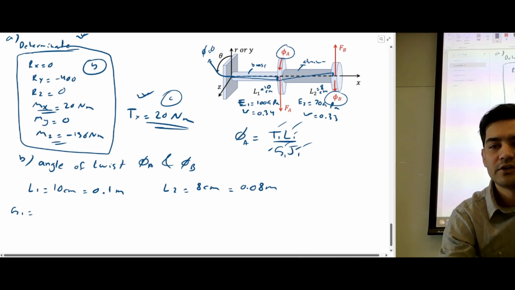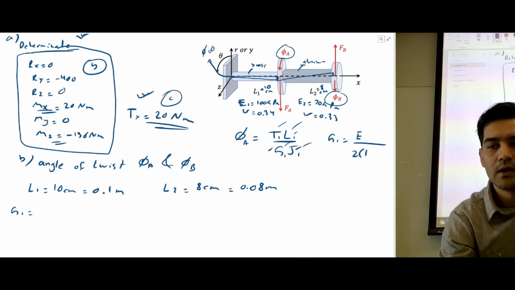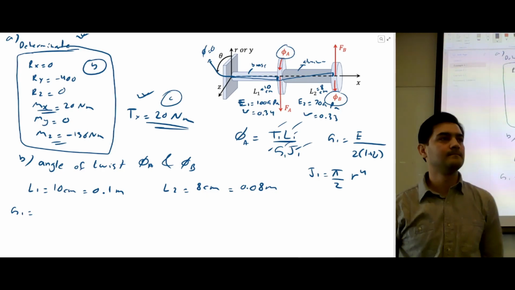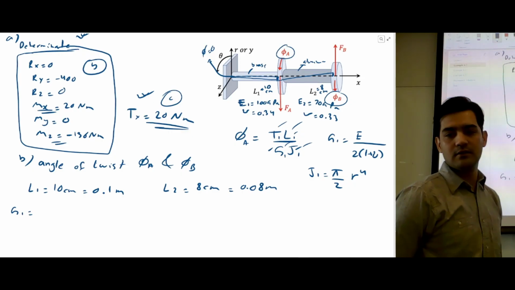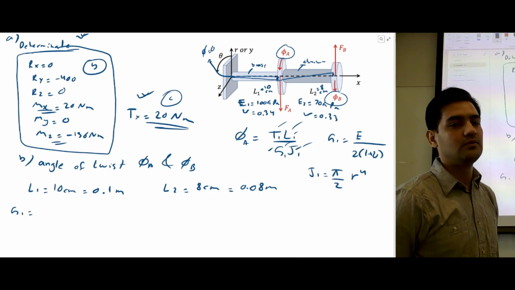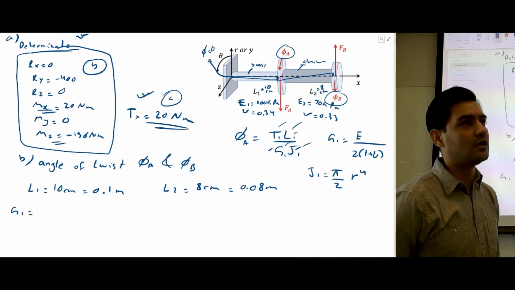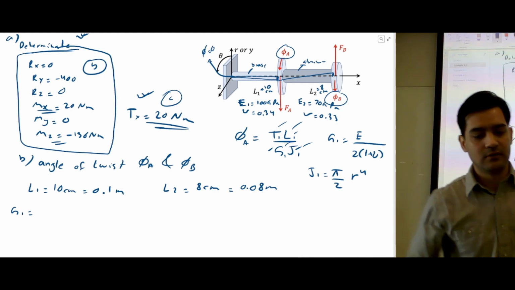Now let's try to find G1. The formula for G1 is E by 2 into (1 plus Poisson ratio), and the formula for J1 is pi by 2 R to the power 4. So we can find G1 and G2, J1 and J2, L1 and L2, and the torques T1, T2, and then we can calculate the angle of twist.